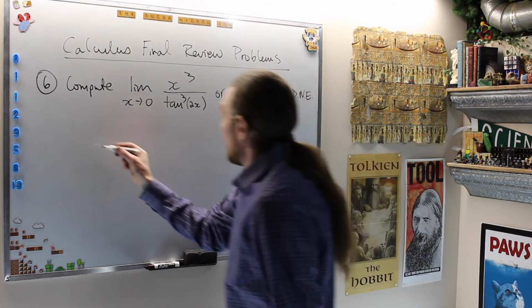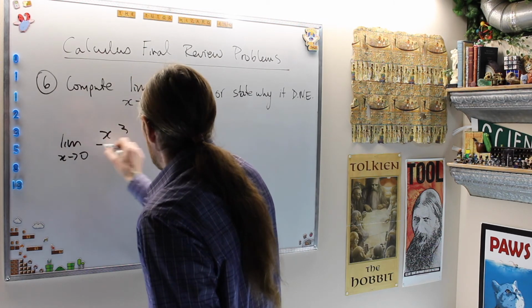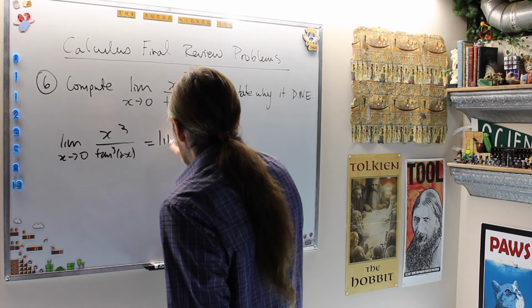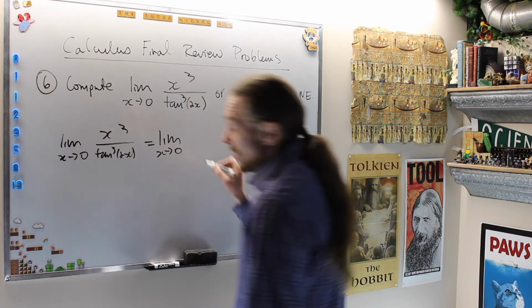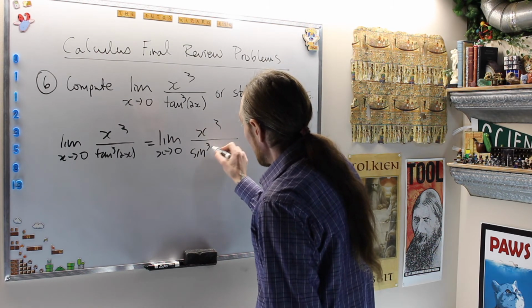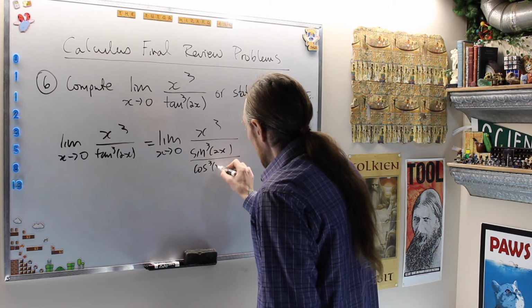Indeed, the limit as x approaches 0 of x cubed over tan cubed 2x is equal to the limit as x approaches 0 of x cubed over sine cubed 2x over cos cubed 2x.